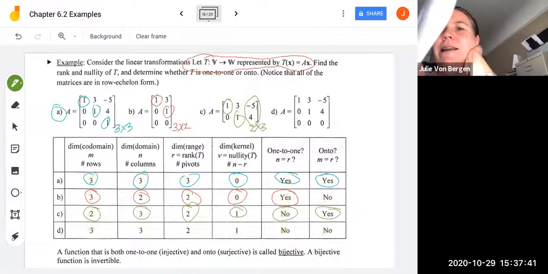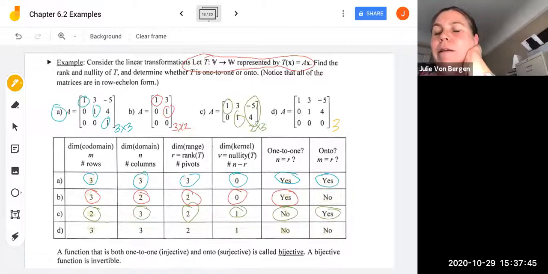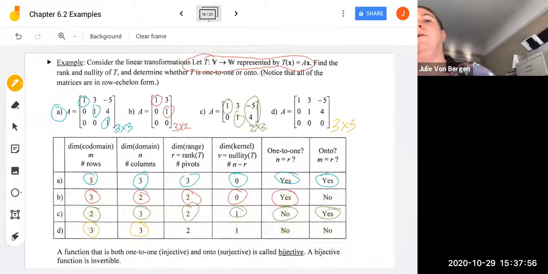Okay, let's take a look at D. Now notice D is also a 3x3 matrix. But notice the last row of D is all zeros here. So D has 3 rows and 3 columns. So M and N are both 3. It maps from R3 to R3. The dimension of the range, the rank, though, is only 2 because there's only 2 pivot columns here, meaning the dimension of the kernel is 1.